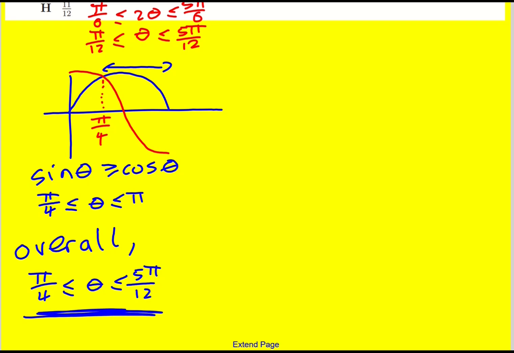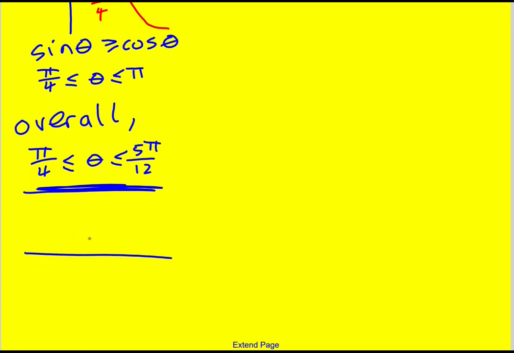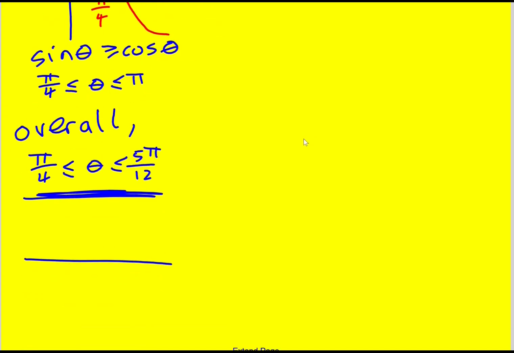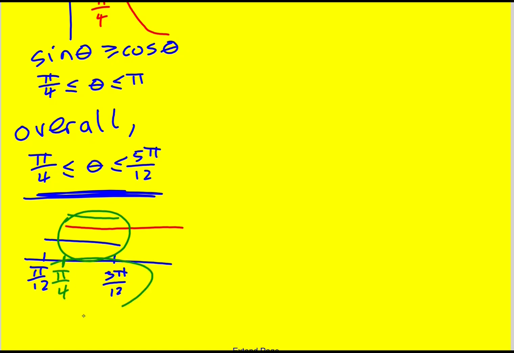That's not the end of the problem though, but that is step 1 done. Maybe I didn't clarify that enough, so let me draw a little number line. I've got pi over 12 to 5 pi over 12, and that's one of my inequalities. The second one I found was pi over 4, which goes further on to pi. I need the part where they're both true. Sorry, that bit there was the pi over 4. So that's why it's pi over 4 to 5 pi over 12.